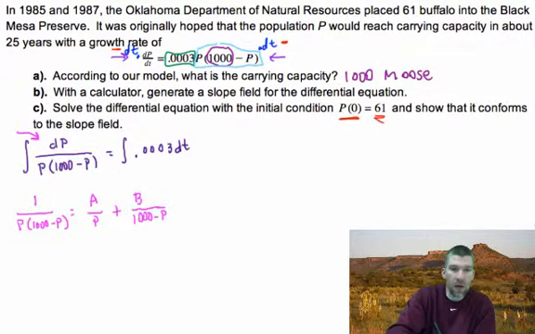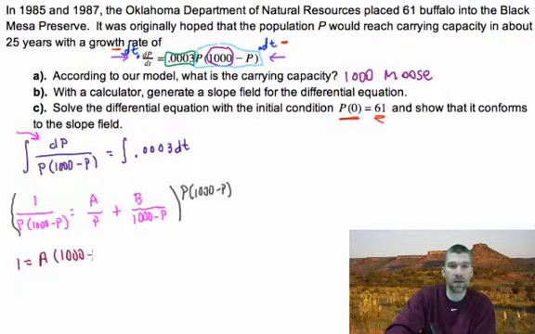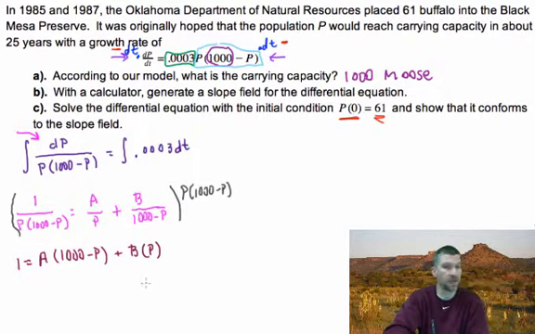And multiply the whole thing by p times 1,000 minus p, and you end up with 1 equals a times 1,000 minus p plus b times p. All right, because everything cancels out.